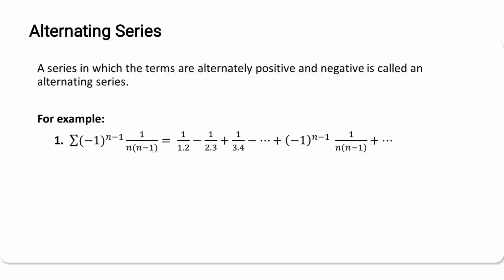Example for an alternating series: summation minus 1 power n minus 1 into 1 by n into n plus 1, that is equal to 1 by 1 into 2 minus 1 by 2 into 3 plus 1 by 3 into 4 minus etc. One more example for an alternating series: summation minus 1 power n into n, where n is equal to 0, 1, 2, 3, and we will get the terms.